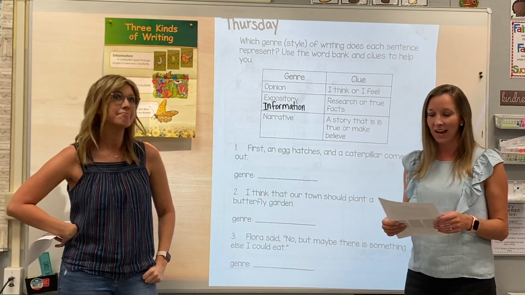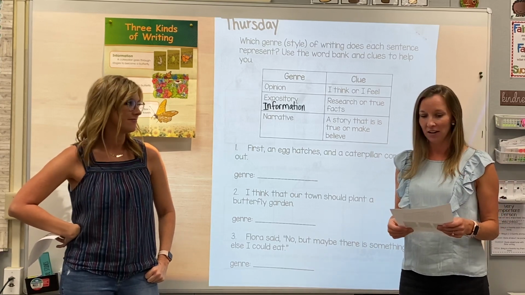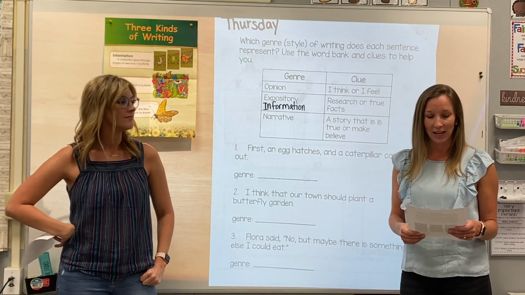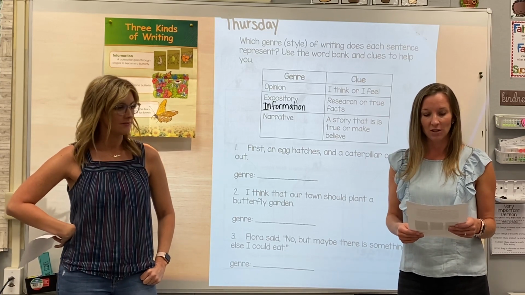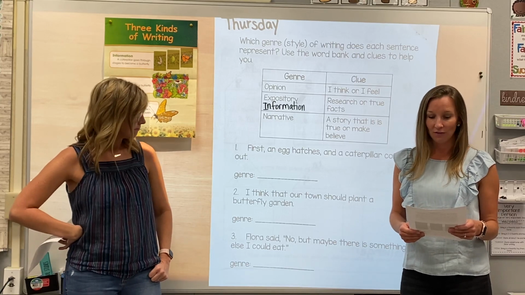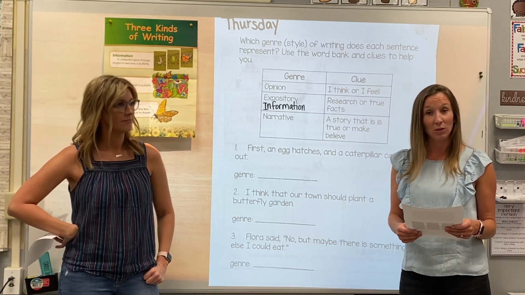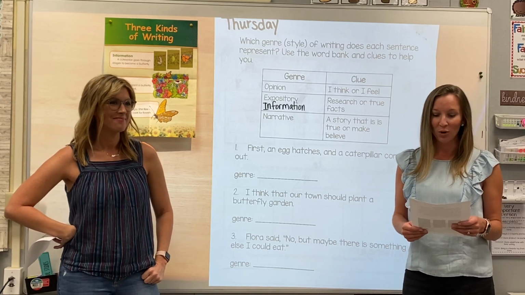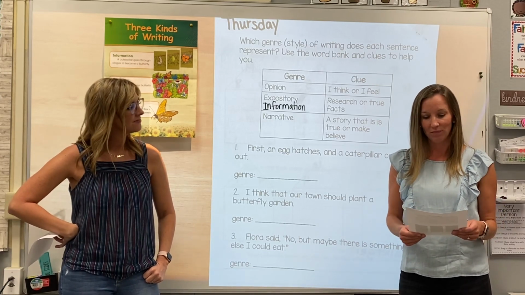I think that our town should plant a butterfly garden. A butterfly garden will help butterflies. It will be good for plants and people. First, the plants in the butterfly garden will feed hungry butterflies. This kind of garden is filled with plants and flowers that butterflies like. More butterflies will come to our town.